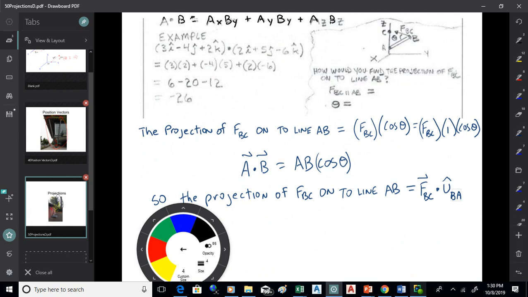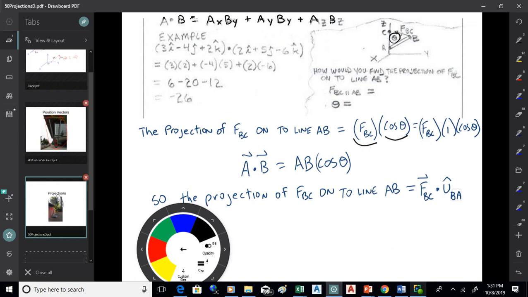So I want the projection of FBC onto line AB. Now what that is, FBC times whatever that angle between them is, theta. The issue I've got here in 3-space, I don't know what theta is. I got to kind of work through that.